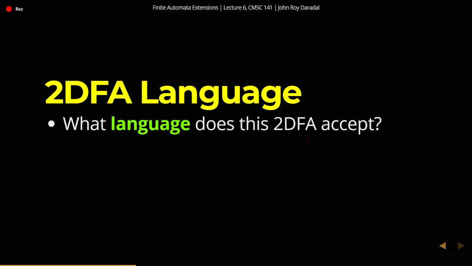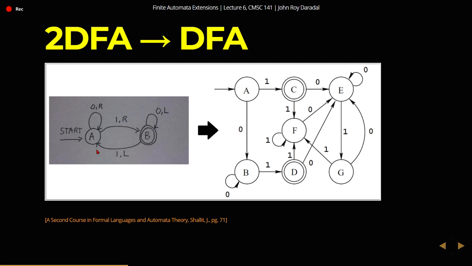Now, can you figure out what language this 2DFA accepts? So going back here, this one actually accepts 0 star 1. Because you can notice that you can take as many zeros here or not. So from A, you could also take no zeros and have the last one here.